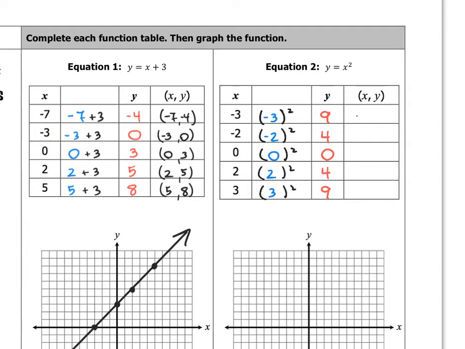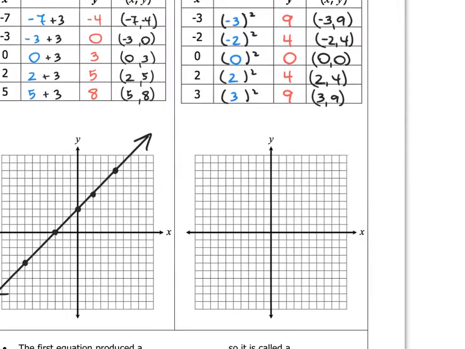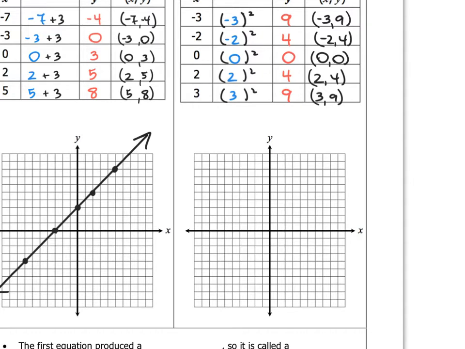So my ordered pairs are -3, 9; -2, 4; 0, 0; 2, 4; and 3, 9. I'm going to plot each of those ordered pairs.